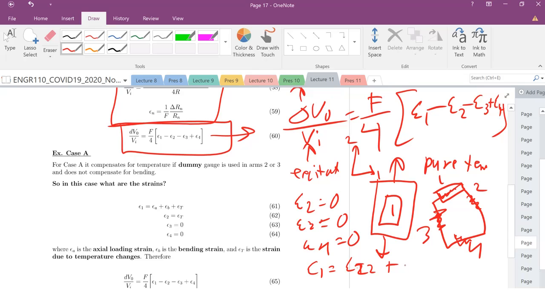So we always have to add this temperature component here. Your strain gauge will have a slight thermal expansion coefficient that makes it want to expand here, and you'll assume it expands equally everywhere. So we'll have to encapsulate this temperature right here. But that's it. That's the strain in my one strain gauge.